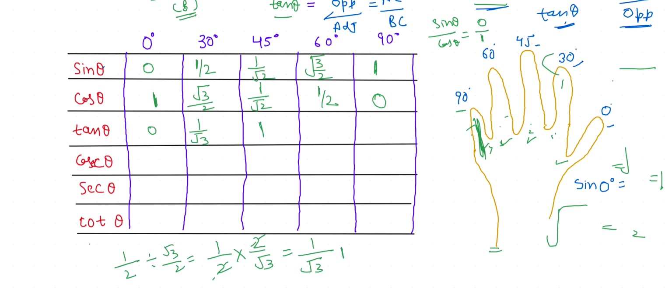And in case of tan 60 degree, you will get the value root 3 by 2, then divide it by cos theta, that is 1 by 2, and solve this expression.